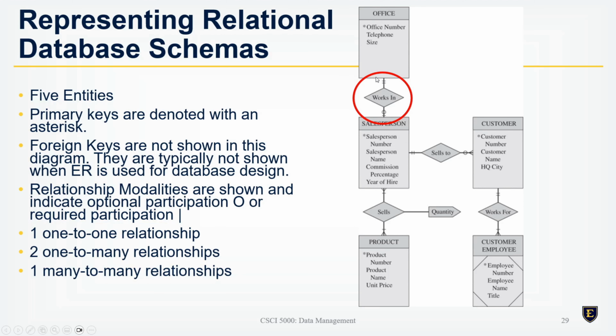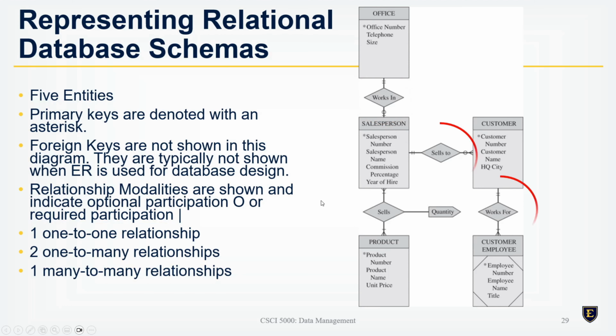So they're required to have the office, and they have at most one office. But an office, on the other hand, is optional for a salesperson. An office might be empty, for example. So therefore, an office might not have a salesperson in it, but it would only have a single salesperson in it.